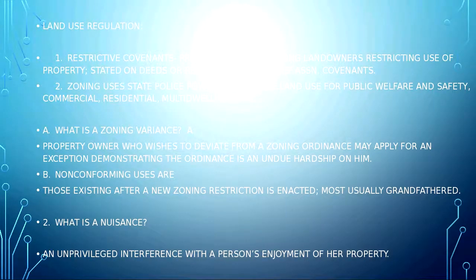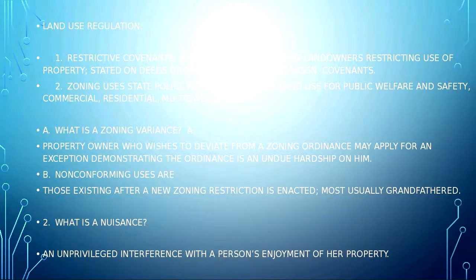For example, in the city, we have restrictions on residential zoning areas, on commercial, on agricultural, and so forth and so on. And so in multi-dwelling, what type of buildings can you erect on the property? Very common.